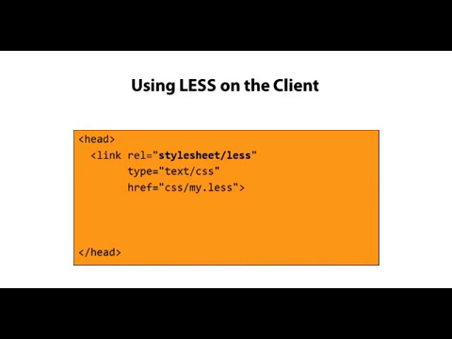This is what is going to tell the JavaScript file what kinds of resources are these Less files. Then here you're going to need to include the less.js file, and this is what actually transforms the Less file into CSS directly on the client. Let's see how that works.